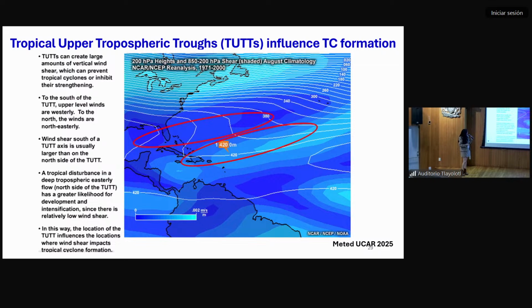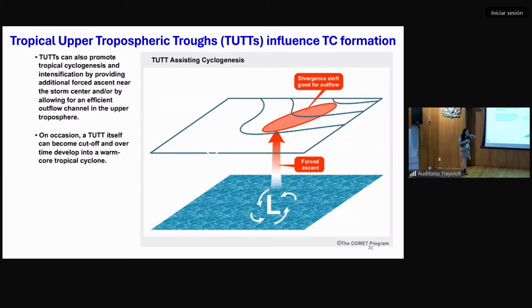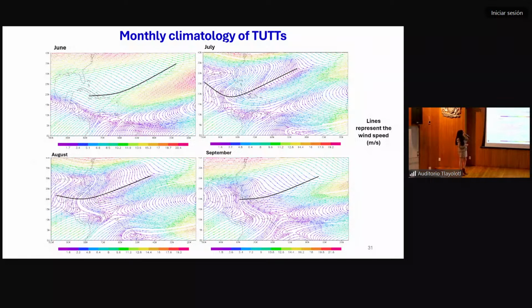I don't have too much time to go in depth. The trough can also influence tropical cyclone formation through divergence aloft, which forces ascent. So you can get a lot of tropical cyclones where the divergence is located, in the upper levels, of course.